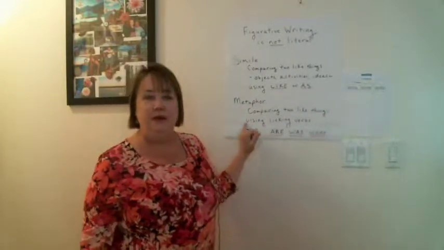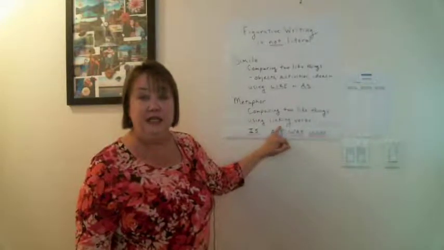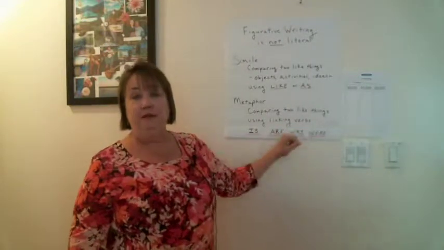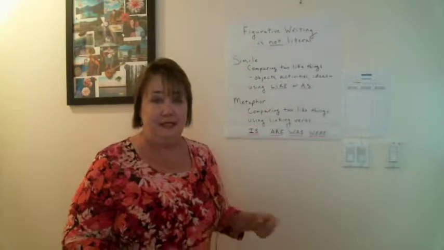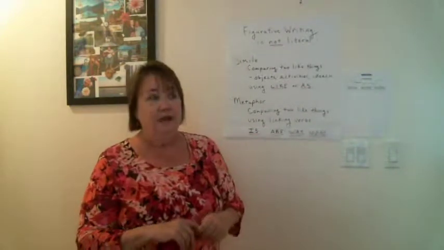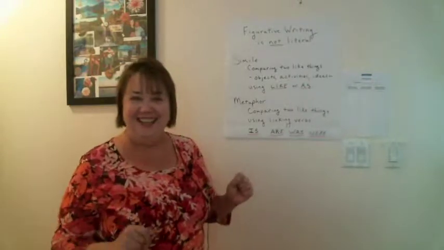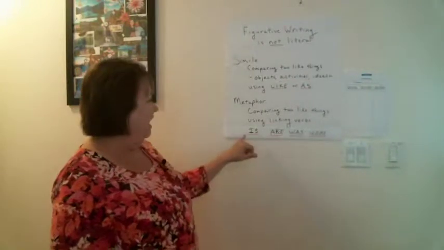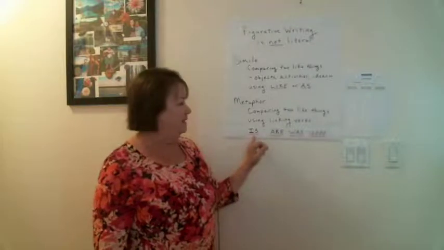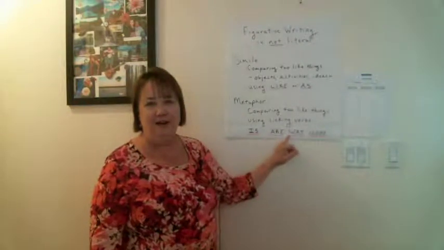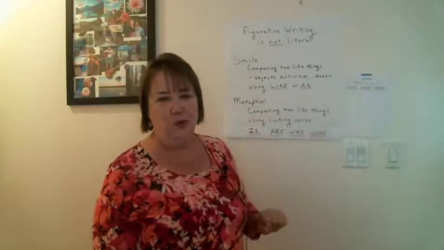However, a metaphor uses linking verbs. A metaphor says that one thing is another thing. For instance, she was a ray of sunshine. That's a metaphor. A metaphor uses linking verbs like is, are, was, and were.